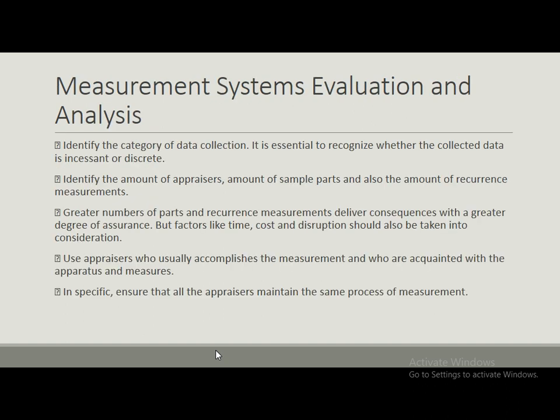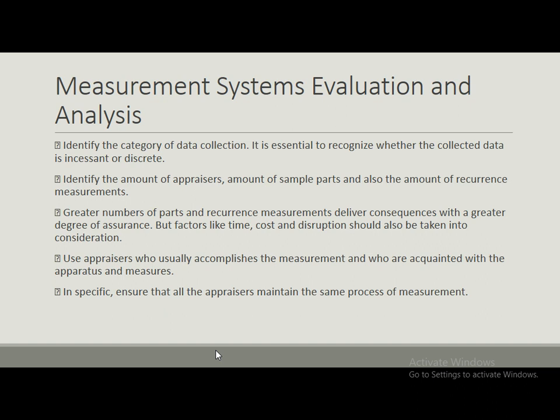Next part is measurement system evaluation and analysis. Identifying the category of data collection, it is essential to recognize whether the collected data is continuous or discrete.